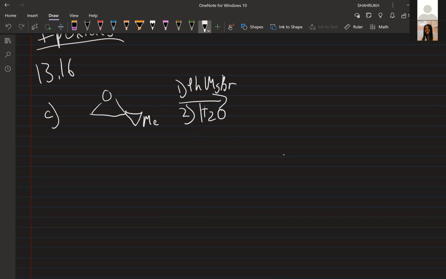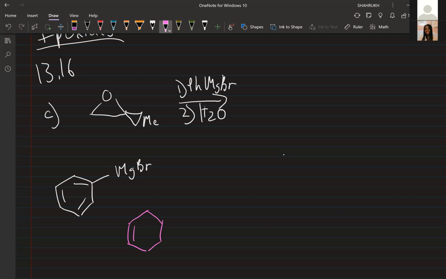So with the Grignard, there's a couple of ways you could draw the reaction mechanism. They're all accepted, right? I generally like to do it like this, where I grab my electrons from the carbon-magnesium bond. You could also draw it like this. Some people just like drawing it as the carbon anion.